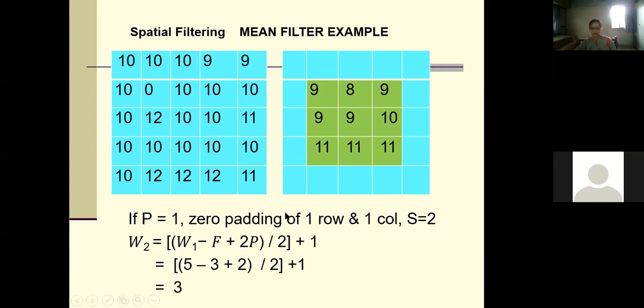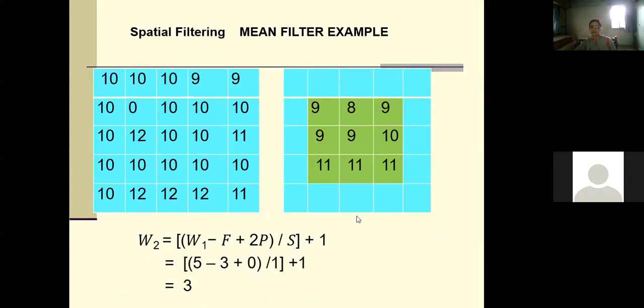So here, okay, your answer is correct. If we are not using zero padding, that is, if P in this equation, if we substitute P as 0, okay, and if our S is 2, then this will become 5 minus 3, 2 divided by 2. So it results in 1, and 1 plus 1 gives you 2. So if we use stride rate of 2, we are getting 2 by 2 image instead of 3 by 3.